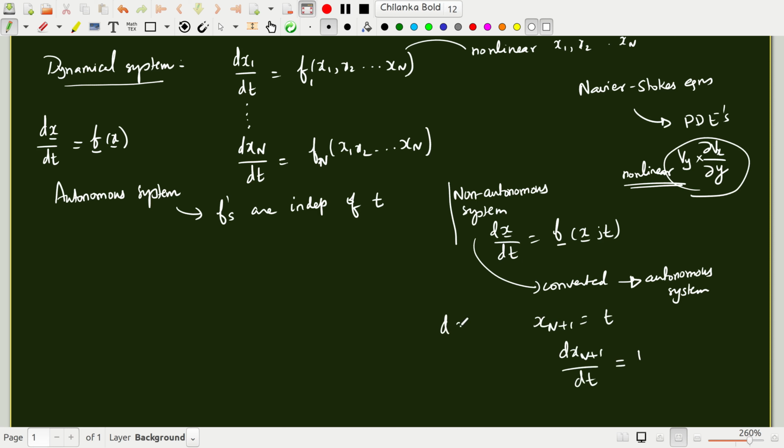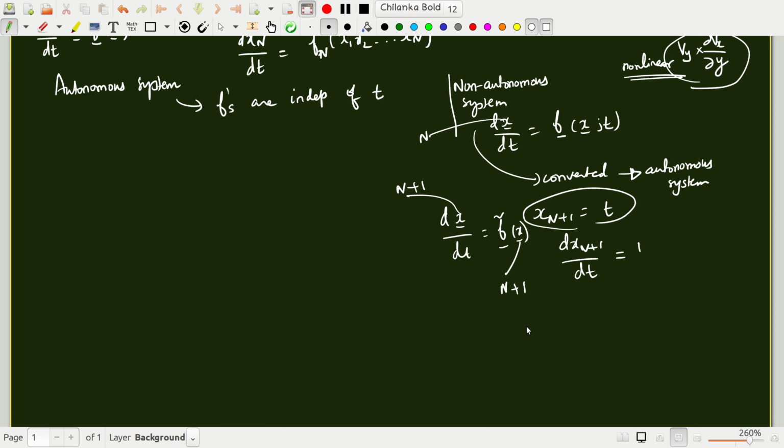Now you'll get a modified system. This is now an n plus 1 dimensional vector, whereas the original x was an n-dimensional vector, and you will have a modified function, let's call it f tilde of x only. Now this x is also an n plus 1 dimensional vector which involves time. So you can always convert a non-autonomous system to an autonomous system of one order higher dimension.